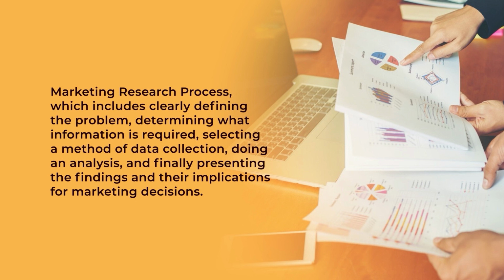In this session, we will discuss the marketing research process, which includes clearly defining the problem, determining what information is required, selecting a method of data collection, doing an analysis, and finally presenting the findings and their implications for marketing decisions.